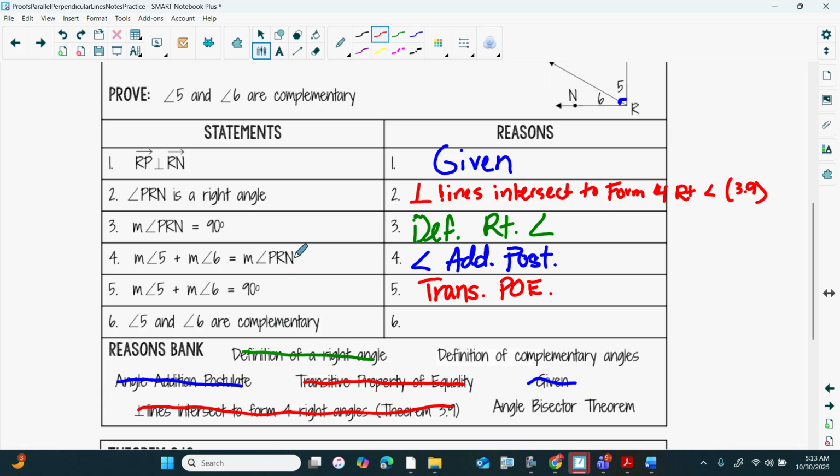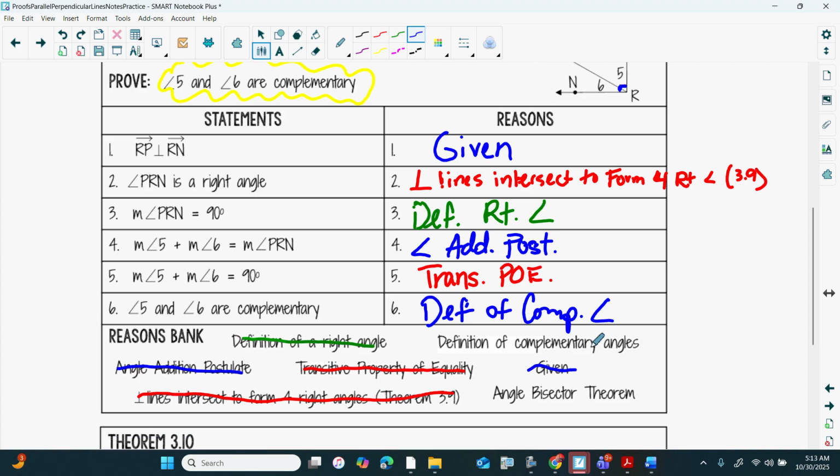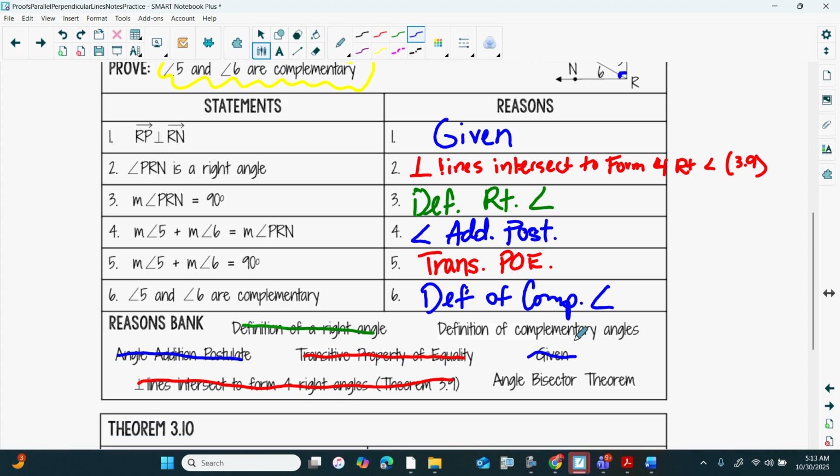And always what we're trying to prove, which was right here, angle 5 and 6 are complementary, should be in the last line, which it is. We need to come up with a reason why I know they're complementary. Well, if I know the measures of these angles added up equal 90, that is our definition of complementary angles. Okay, and we have used all of our reasons.